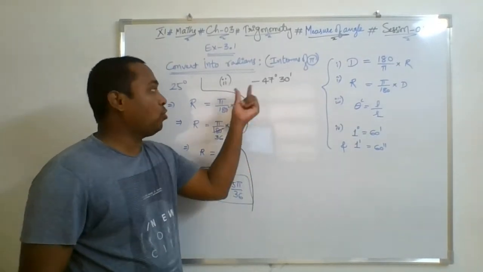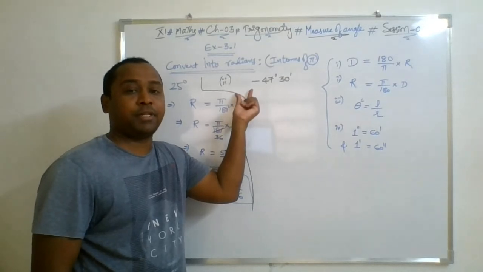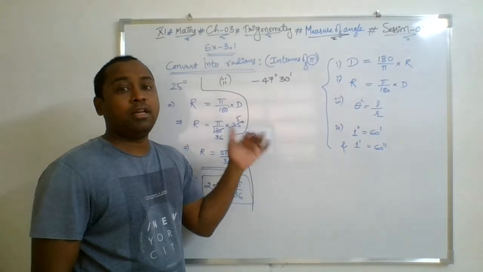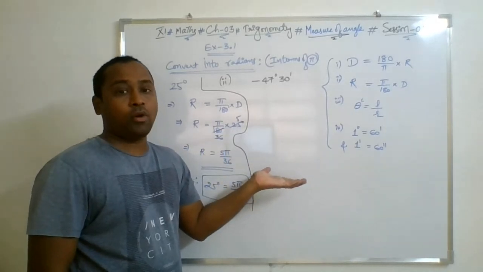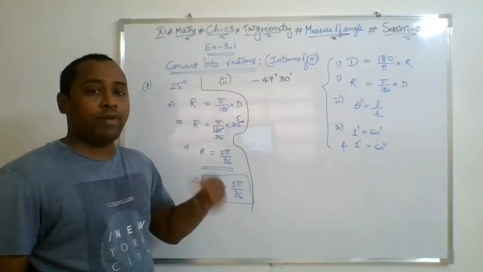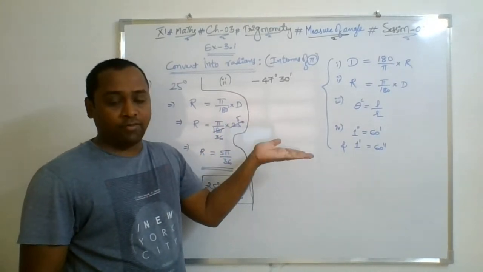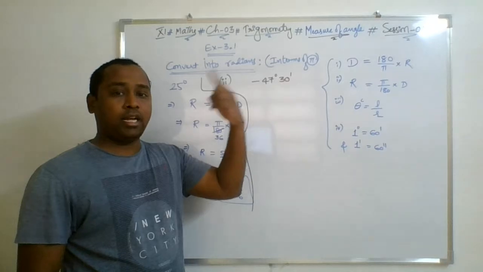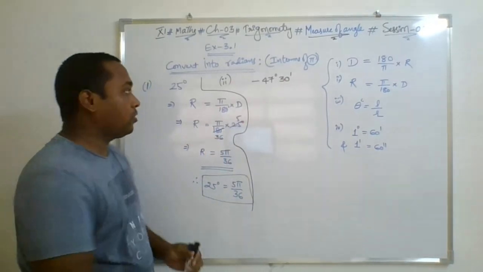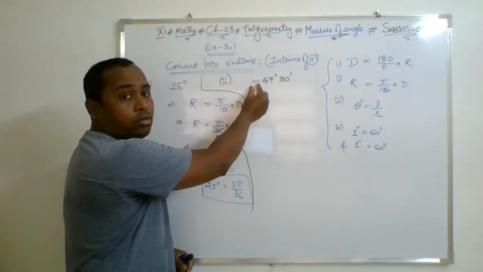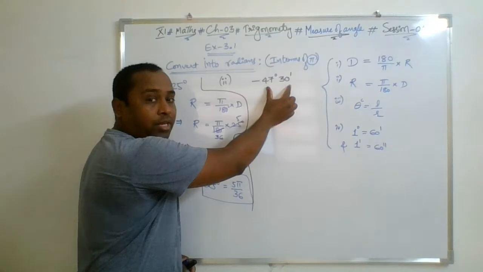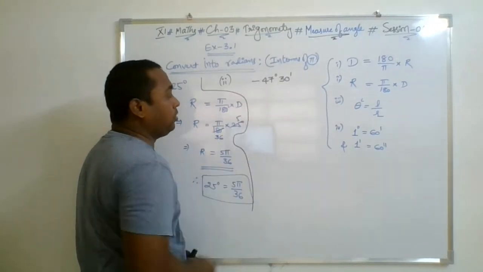The sign represents the negative direction, also known as clockwise rotation. Clockwise rotation is called negative rotation of the angle. Anti-clockwise rotation is called positive rotation. So we are not going to consider this negative. First we'll focus on the magnitude of the angle, that is the amount of rotation.